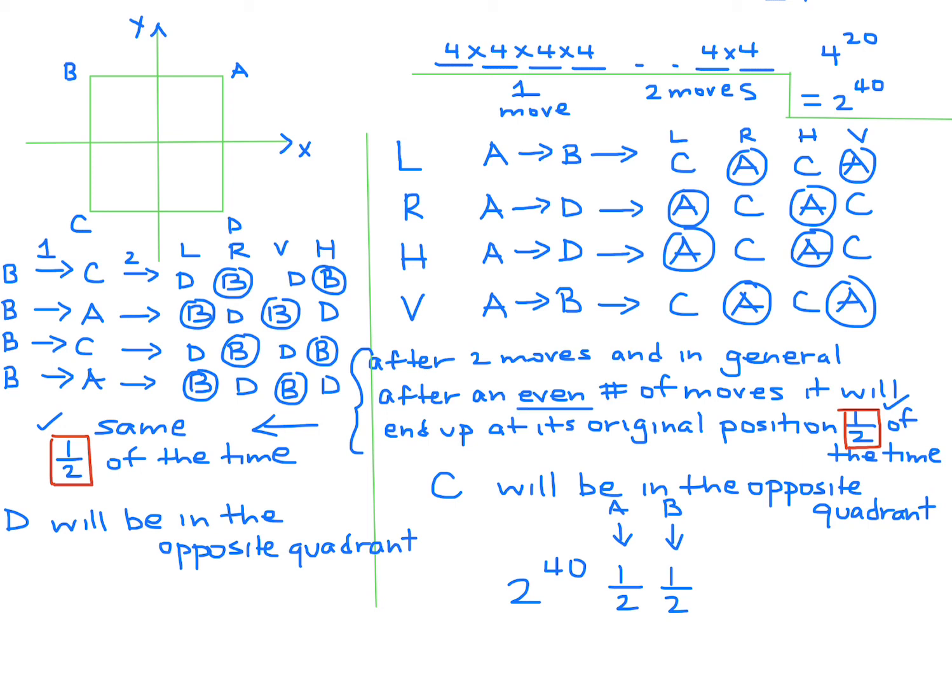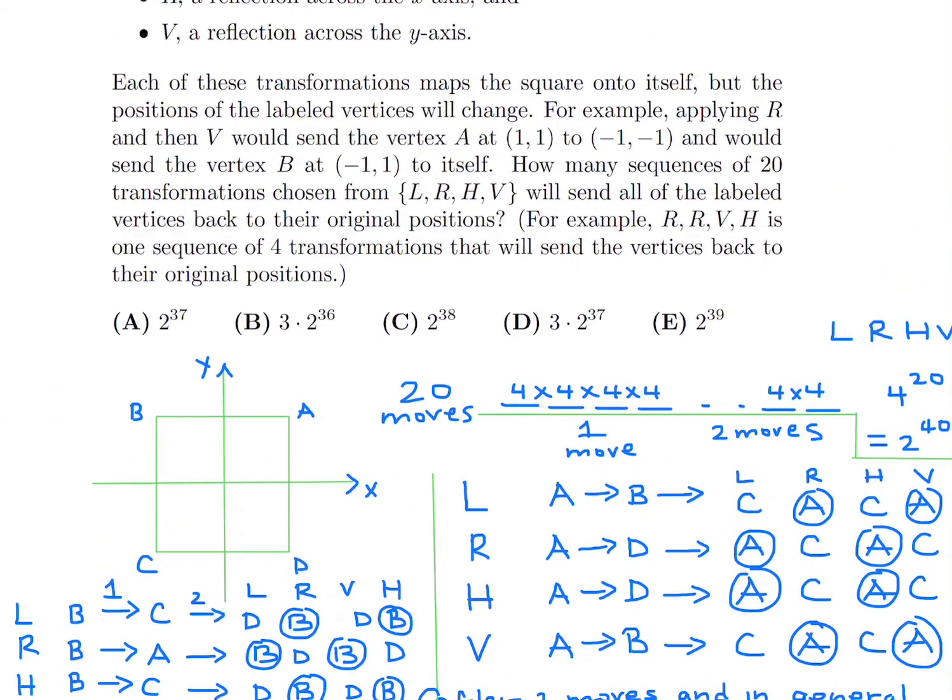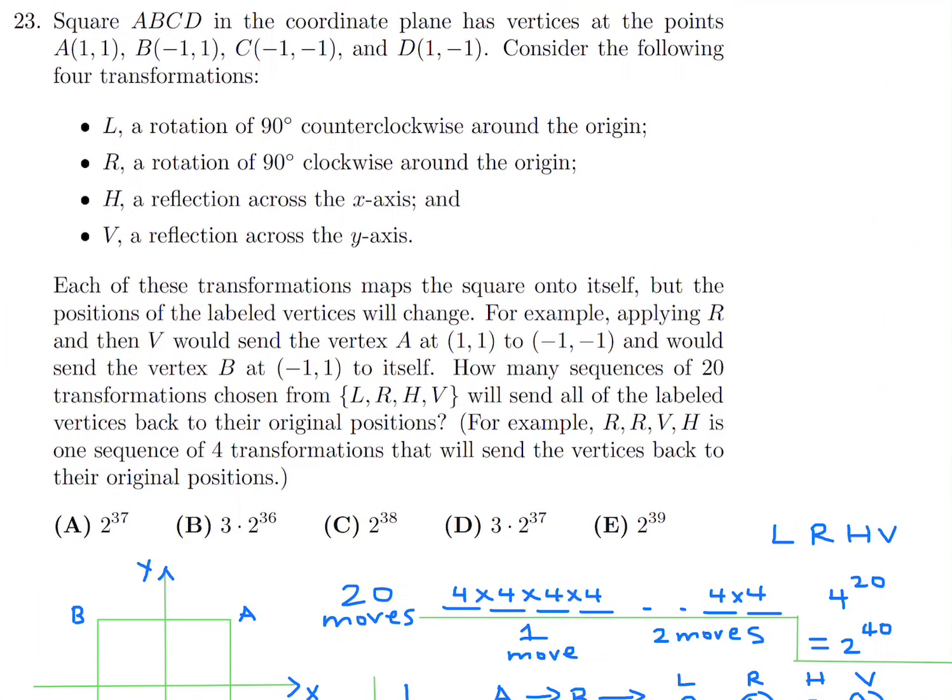And we have to have an even number of moves, and we do because we have 20 moves. That is what they told us in the beginning of the question. So this becomes 2 to the power of 40 over 2 to the power of 2, which is 2 to the power of 38. And therefore, number 23, the answer is C.